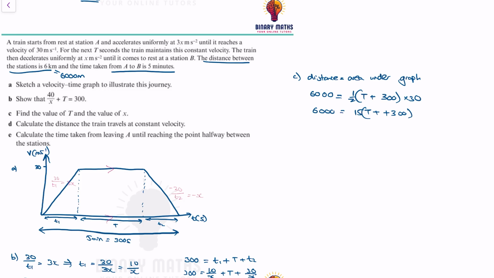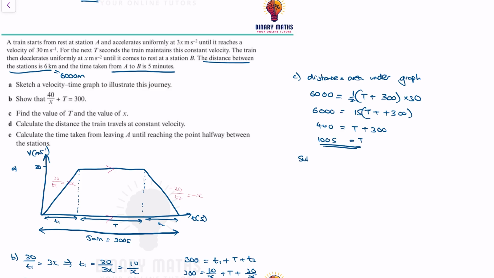So if I divide by 15 now, 6,000 divided by 15 gives me 400 is equal to t plus 300, which means t is equal to 100 seconds. So I need to find t. Now I need to find x.